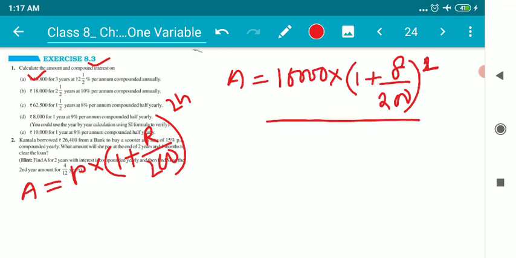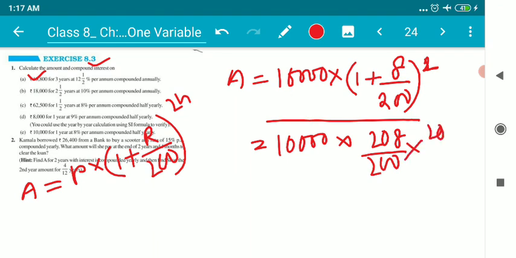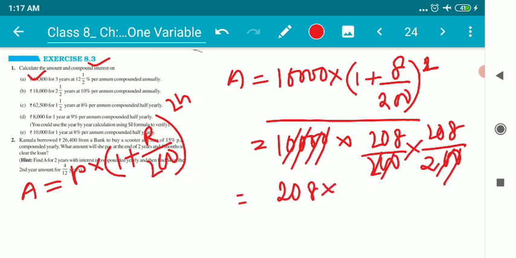So if I calculate in a very easy way, 10,000 into 208 by 200 and 208 by 200, the zeros are cancelled. I'm having 208 into 208 by 4.